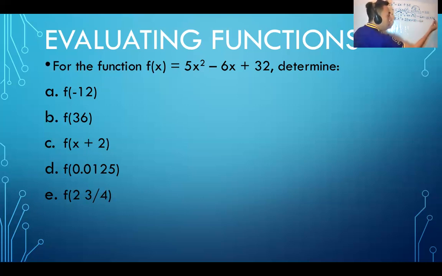And we can also solve this too. Negative 12 plus 32. Negative, positive, minus. 32 minus 12 is 20. What is the sign of the greater number? Positive. So positive 20.